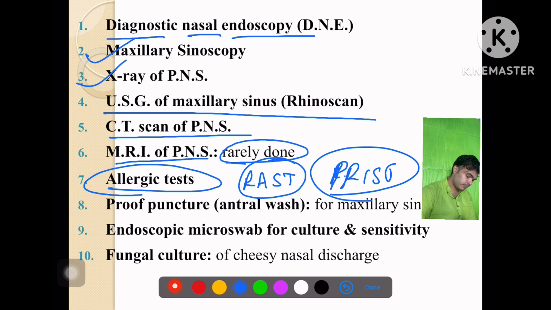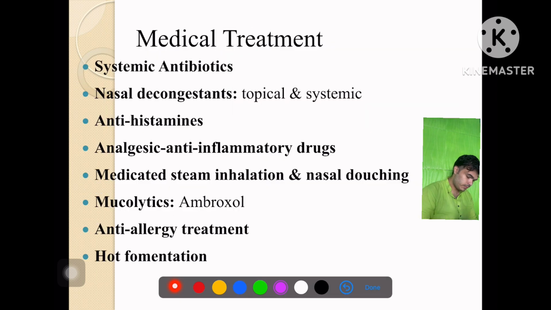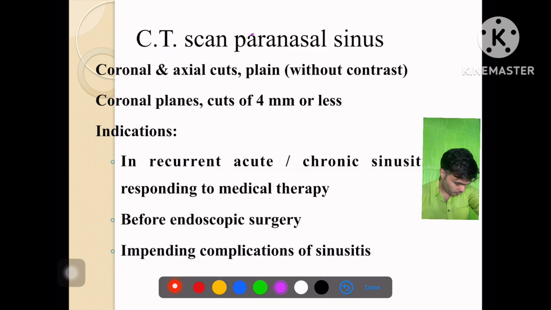CT PNS: before going for functional endoscopic sinus surgery, you have to go for a CT, and there are various cut sections so that we can see in every cut.